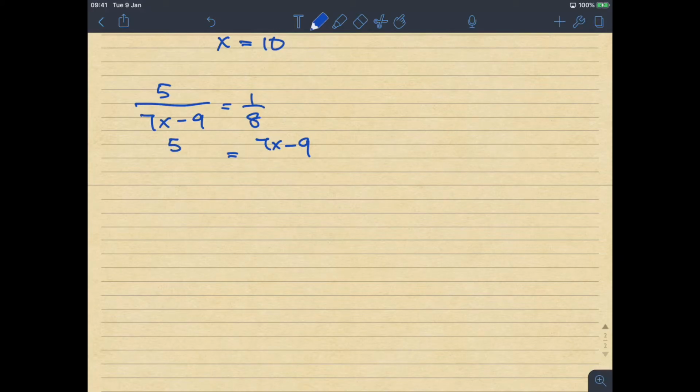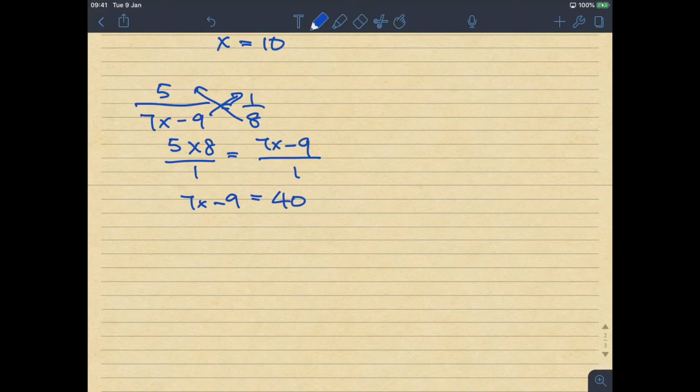And I'm not moving the 5. 8 was on the right hand side at the bottom, so to move it to the right, we'll go times 8. Basically this has gone up to there, this has gone up to there, and the denominator remains as 1.